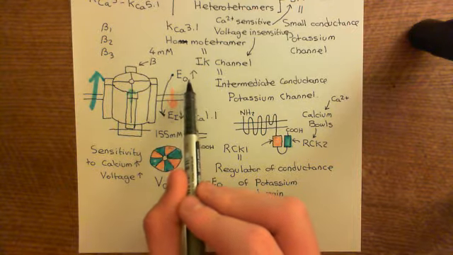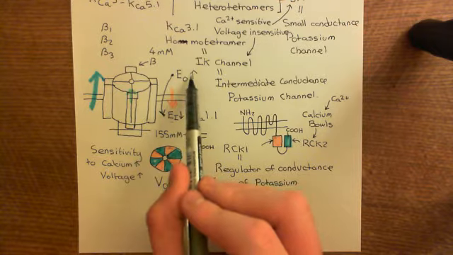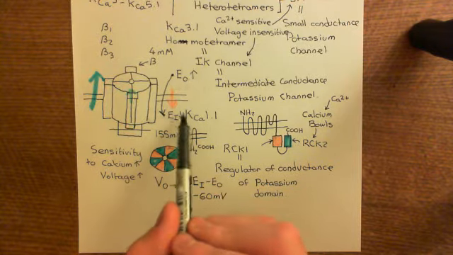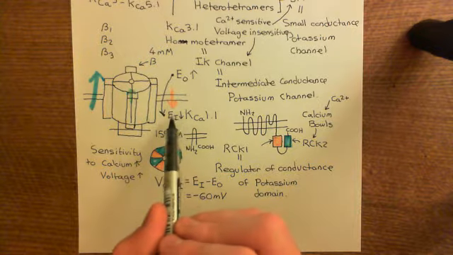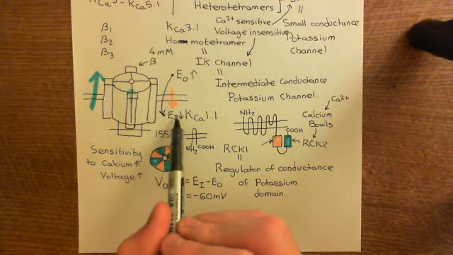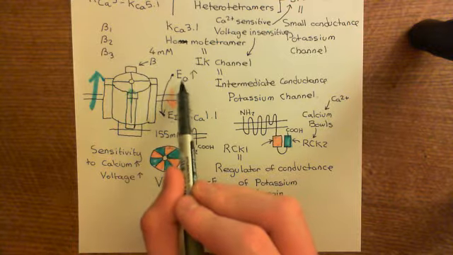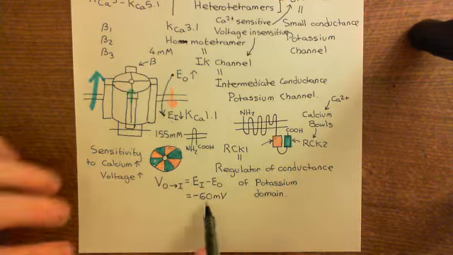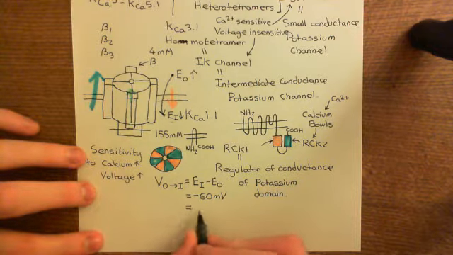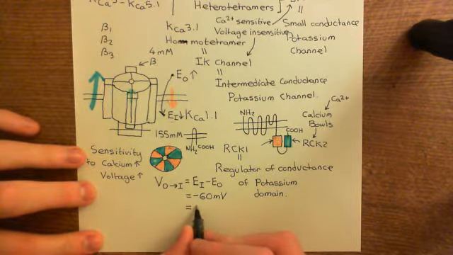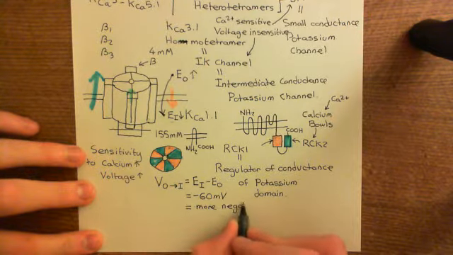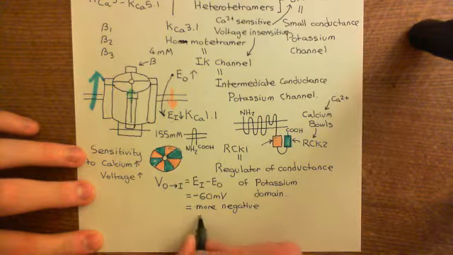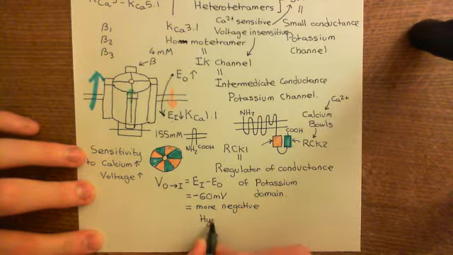But now we're raising the electrical potential of the extracellular compartment and lowering the electrical potential of the intracellular compartment. So the amount by which the intracellular compartment's electrical potential is lower than the extracellular compartment's electrical potential is going to go up. So this number is going to become more negative, basically. Okay, and that change is known as hyperpolarization.